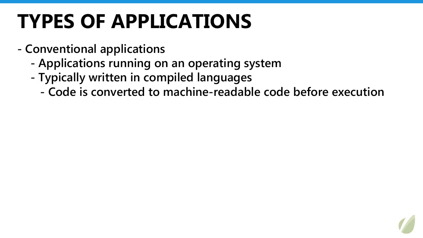You have what are called conventional applications, which are applications that run on the operating system. They are native applications. So if you're using Windows or Mac OS X, or if you're using some mobile operating system, a conventional application are applications that run on that operating system. And conventional applications are typically written in what are called compiled languages.